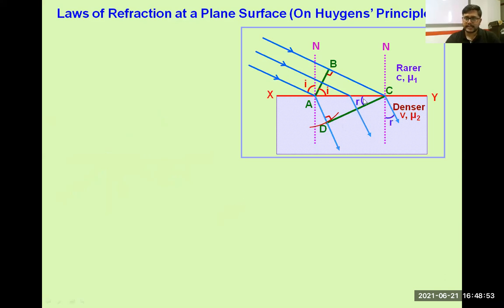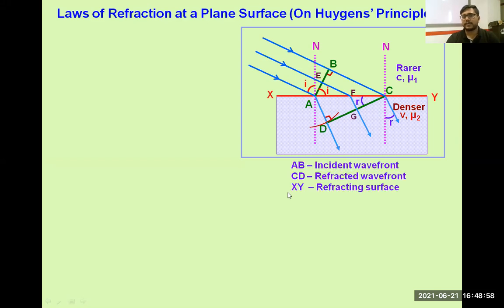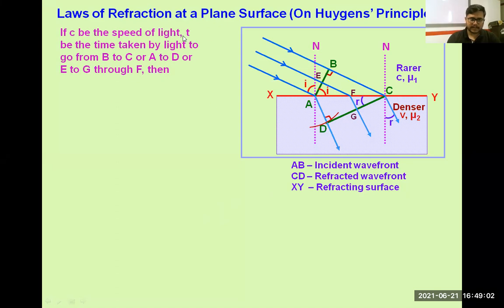Again, see, this side we have taken as angle of refraction, and this particular ray of light is given different names. c is the speed of light and t is the time taken by the light from B to C. That means this much extra distance we have to cover in time t, which is also equal to A to D, or also equal to E to G through F. Therefore, again we can write time is equal to distance by speed.